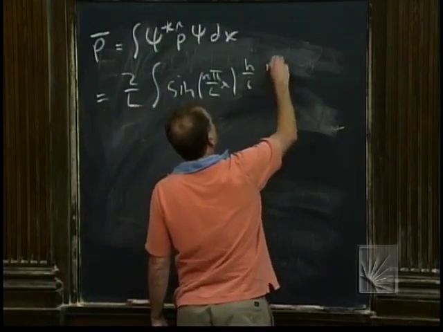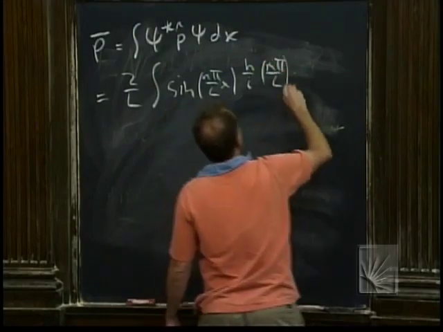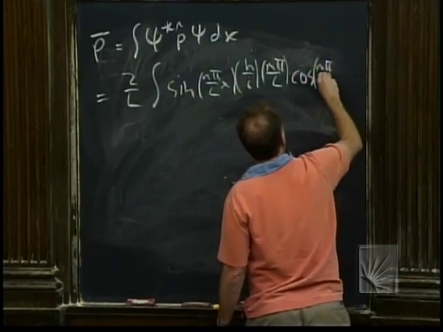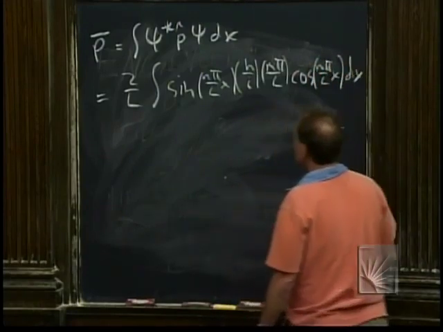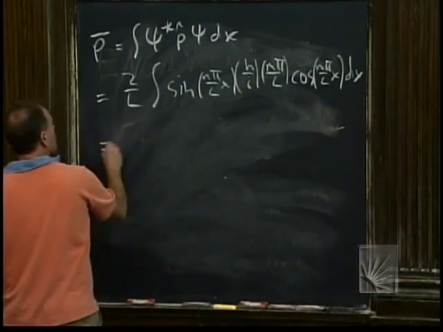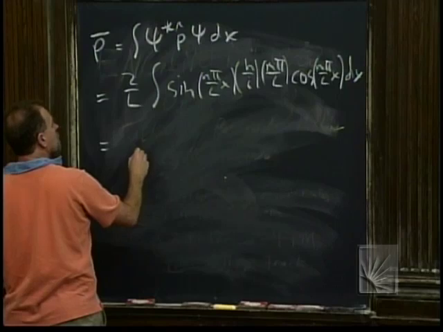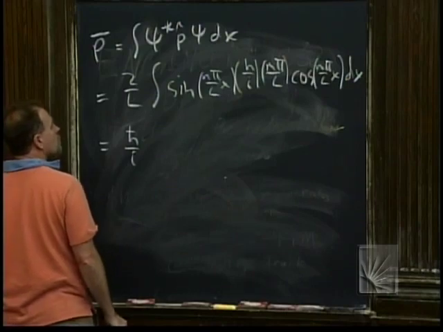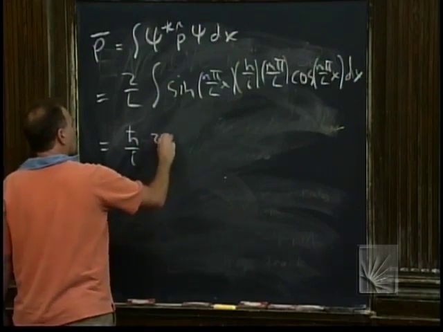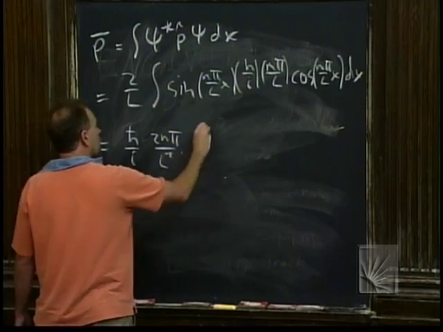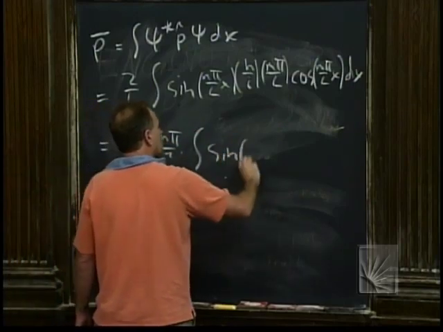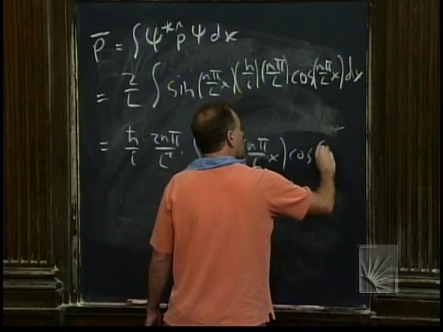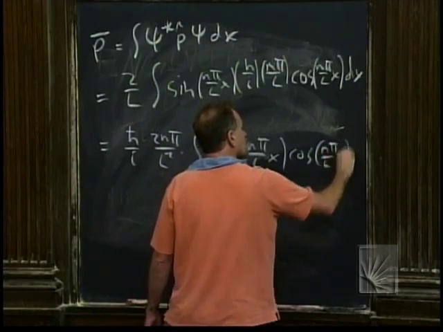I get n pi over L times cosine of n pi over L x dx, which is h bar over i times 2 over L times n pi over L, integral of sine of n pi over L x times cosine of n pi over L x dx.